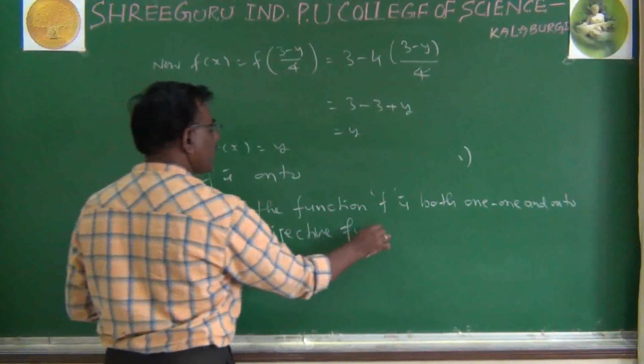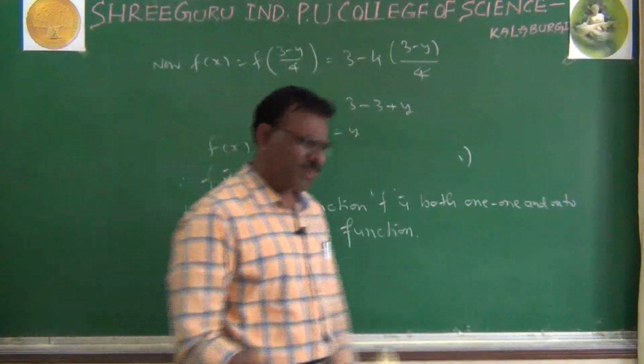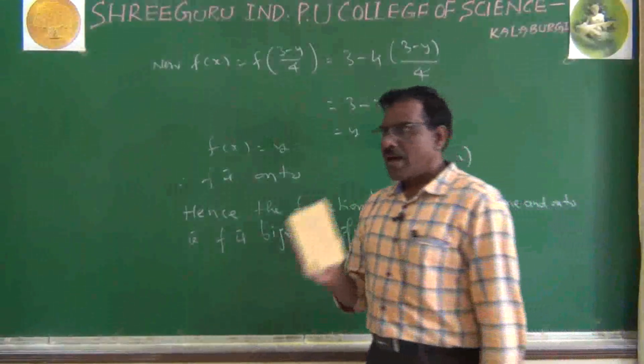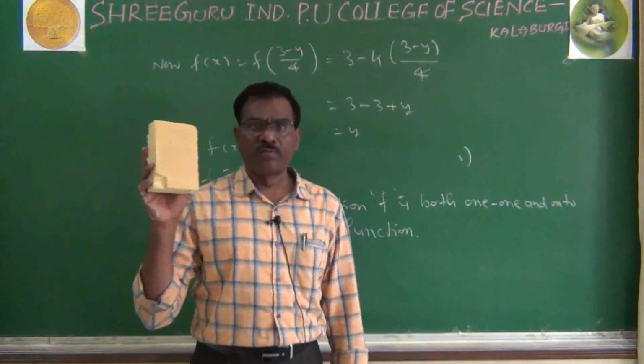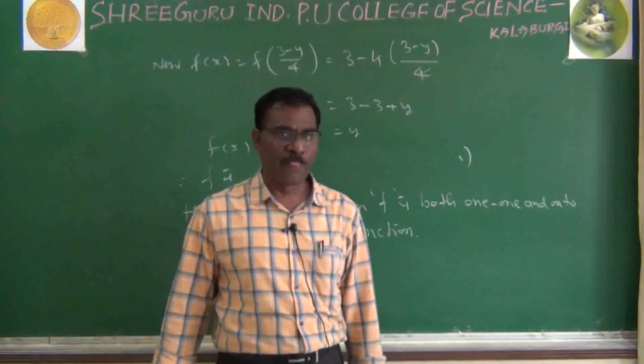F is a bijective function. Yes. Problem is very simple, don't worry. Mapping a real to real function that is linear is always one-one and onto.